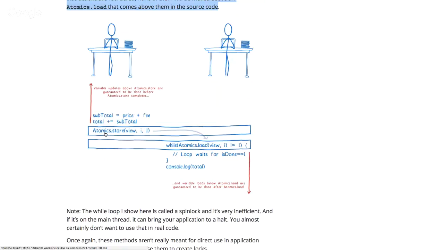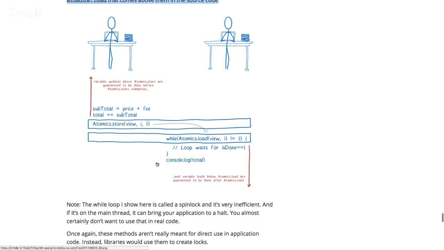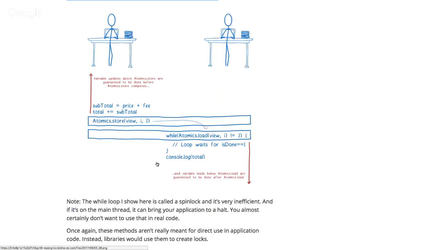So when we have something like atomics.store view1, the instructions above atomics.store are guaranteed to complete before we execute atomics.store.